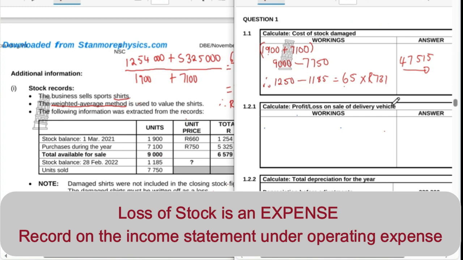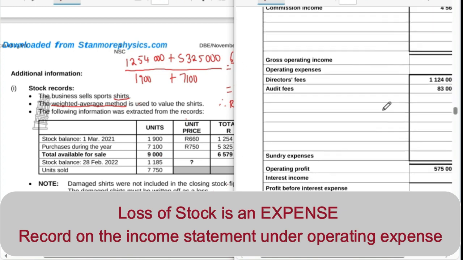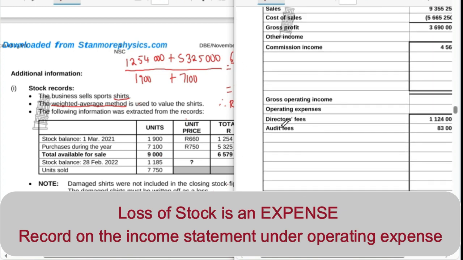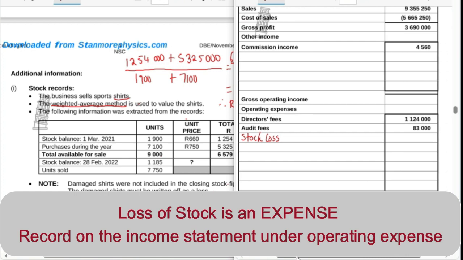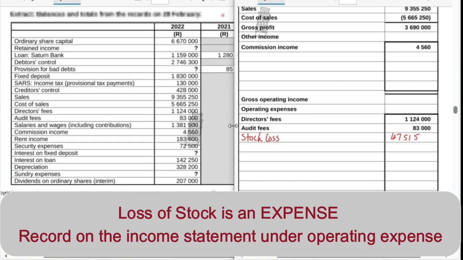And then immediately we are going to go to our income statement, and then we are going to write stock loss, or you can write stock deficit or stock that was damaged. And then how much are we losing? We are losing 47,550.